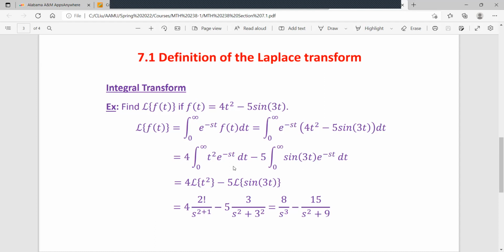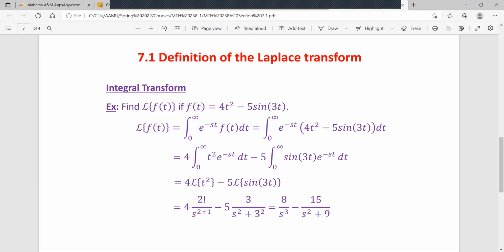So this is basically 4 times the Laplace transform of t squared, if you still remember the definition of the Laplace transform, minus 5 times the Laplace transform of sine 3t. This just shows the Laplace transform is a linear transform. Then we can use the results we have on the previous page.